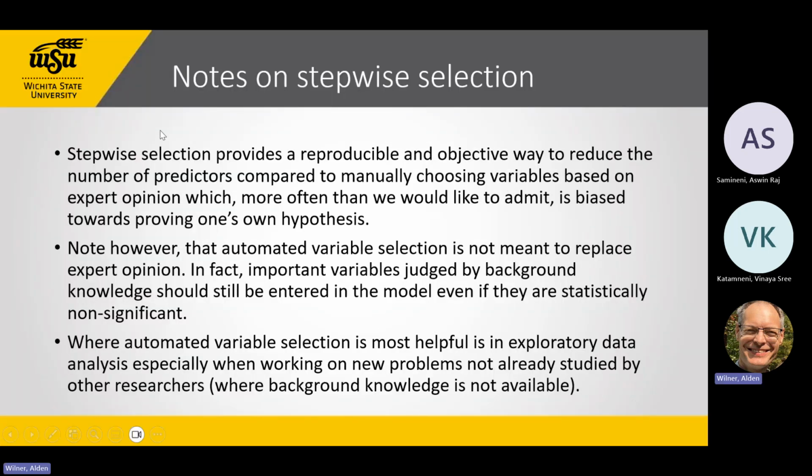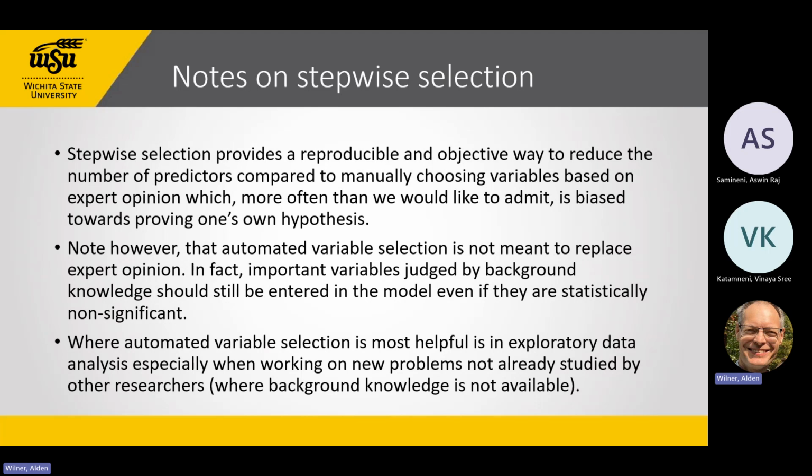Stepwise selection is a reproducible and objective way to reduce the number of predictors. In other words, if you have the same data and run the same forward stepwise or the same backward stepwise, you're going to get the same results every time. We would like to think that expert opinion is a great way to do it as well.